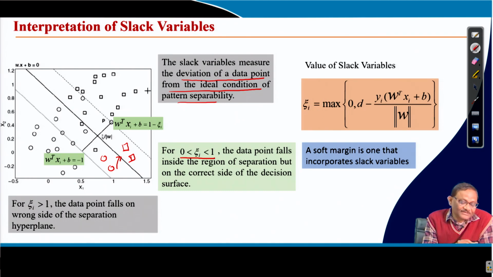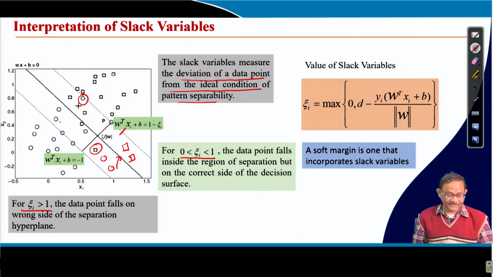So the square class and circle class, or positive and negative, or class 1 and class 2, with reference to the main hyperplane, are on the correct side. But if xi is greater than 1, then the data point is on the wrong side of the hyperplane. For example, this point should have been on this side, but it is on the wrong side. Similarly, this point which should be here is on the wrong side.